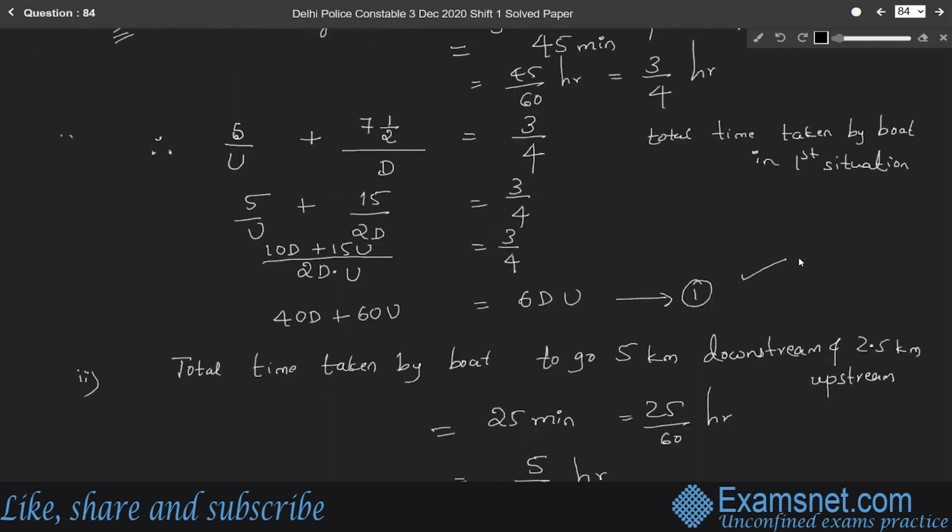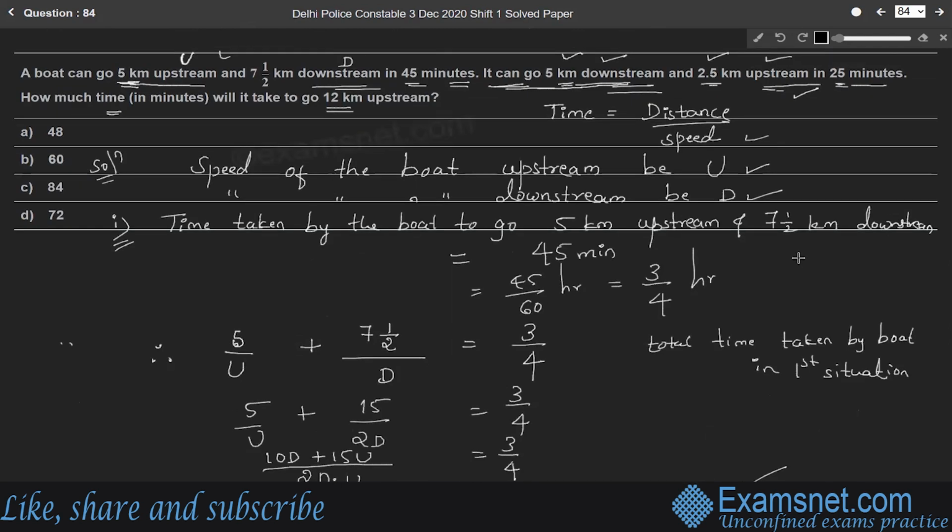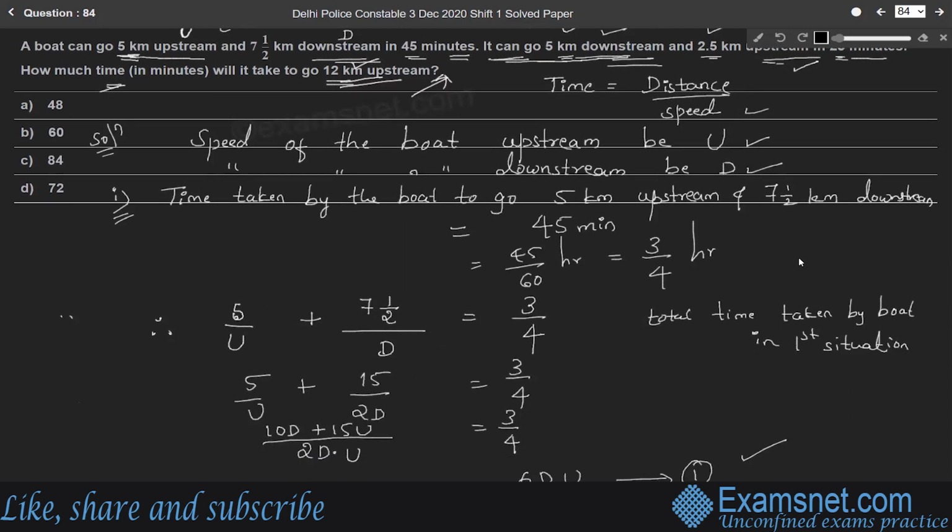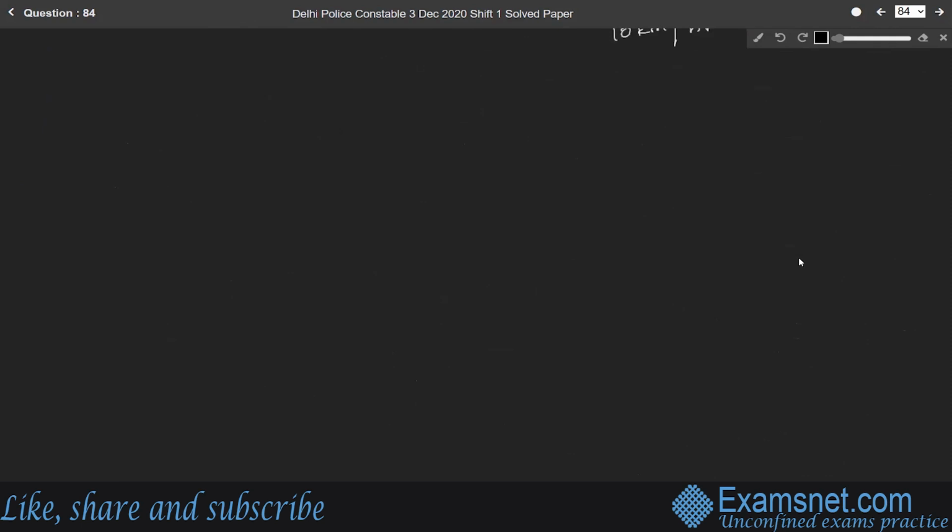What is asked in the question? Here in the question, how much time will it take to go 12 kilometer upstream? So the upstream speed we have calculated. The distance they have given. We have to find the time. Therefore, the time taken by the boat to go 12 kilometer upstream is equal to, again, distance by speed.